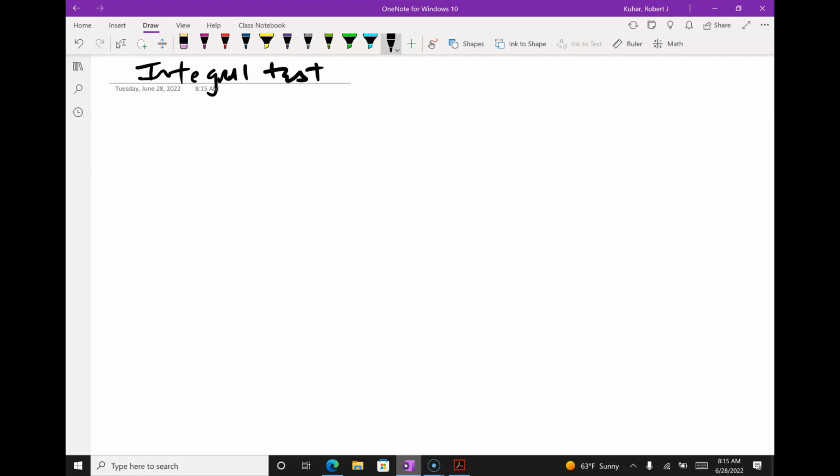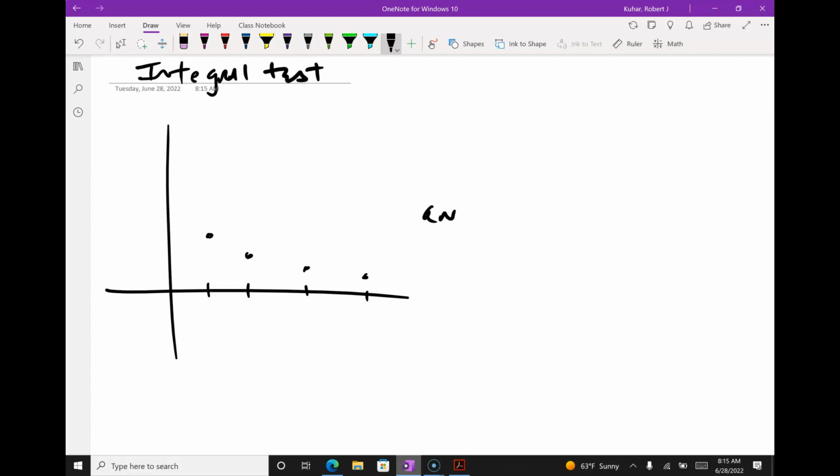All right, let's do an integral test first, a couple of integral tests. What does it say about my series? I need the terms to be positive and decreasing, right? So let's say a sub n is n squared over n cubed plus 1.